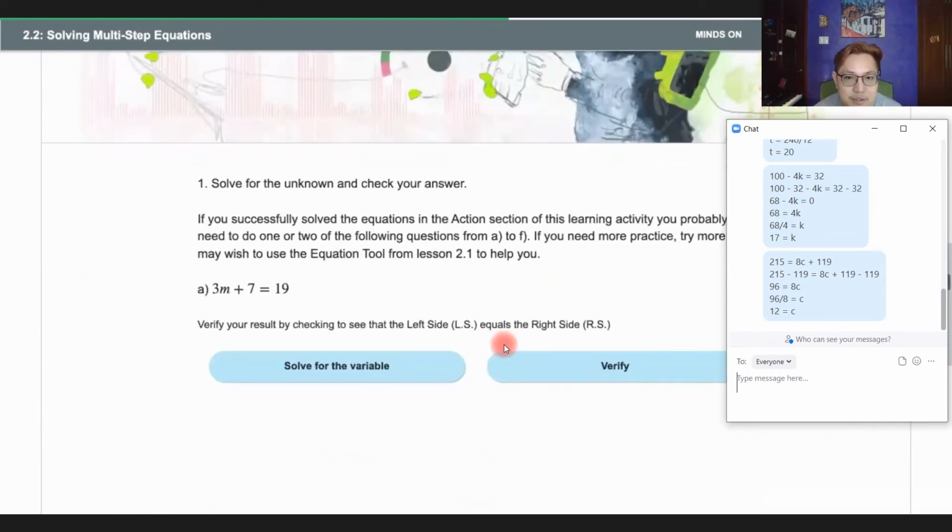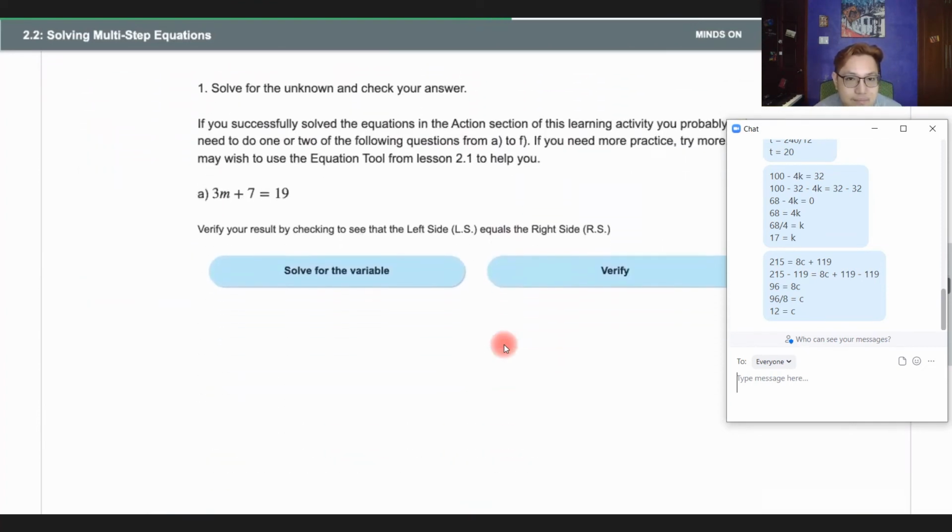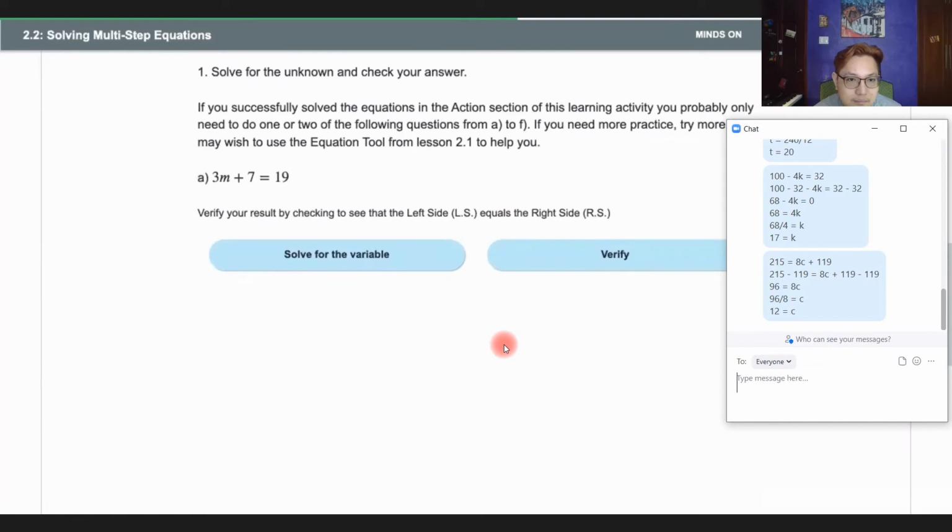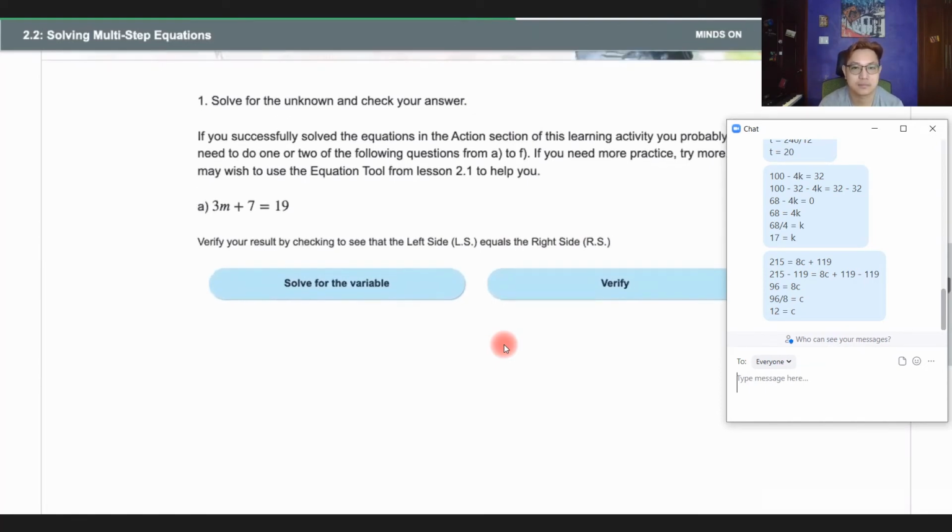Now consolidation. Solve the unknown and check your answer.